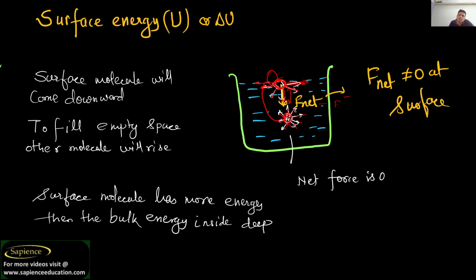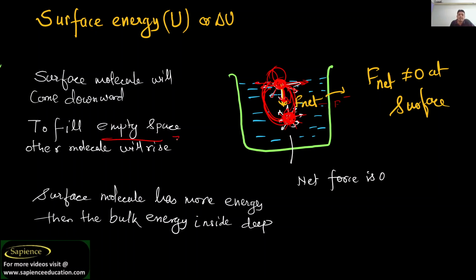So why are these bottom molecules going up, who is pushing them? It means that the surface has more energy. So what actually happens, the surface has some energy, so when it comes down, it gives energy to these molecules, and these molecules get that energy and come to the surface. So the energy is being transferred. This type of energy, which keeps coming down and going up, coming down and going up, is known as surface energy.